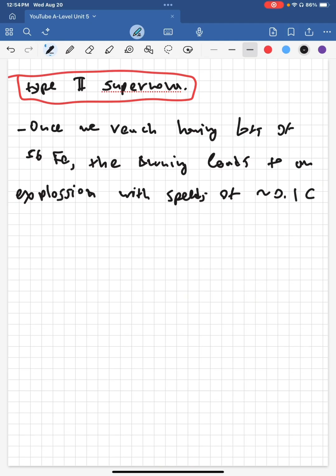These things shine bright for years until they go away. So these are that violent, okay? After this explosion, if the mass of the remaining star is less than 3 times the mass of the sun, we get a neutron star.